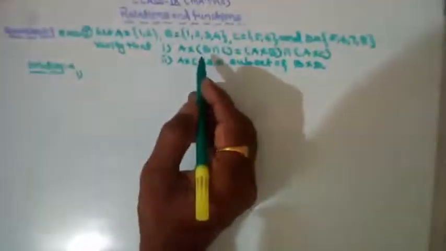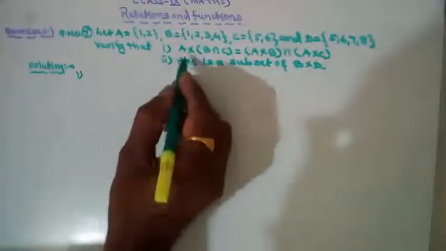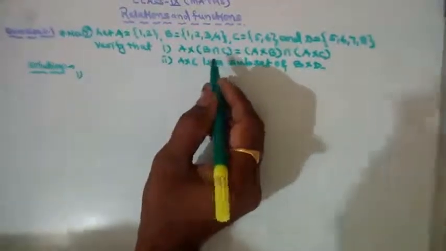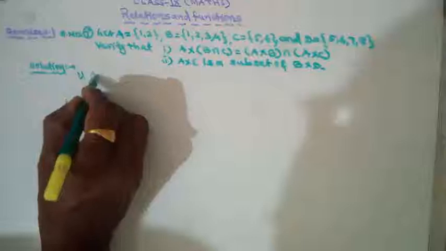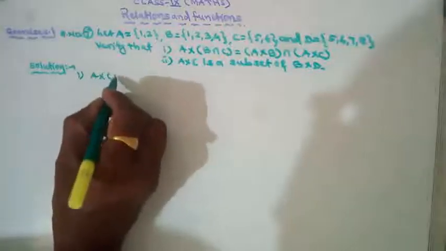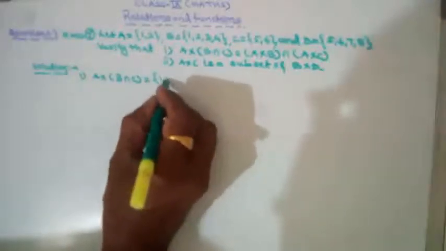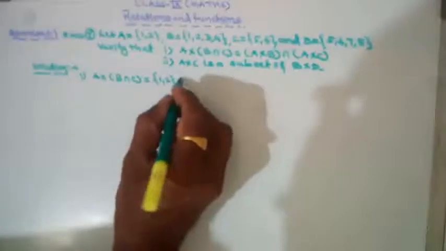Let us find out B intersection C. We can directly find the value of the left hand side, A cross (B intersection C). Now what is A? A is {1, 2} cross.